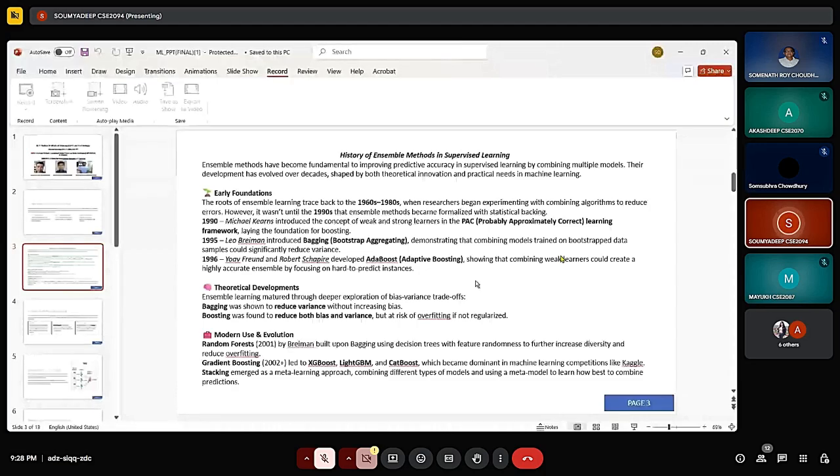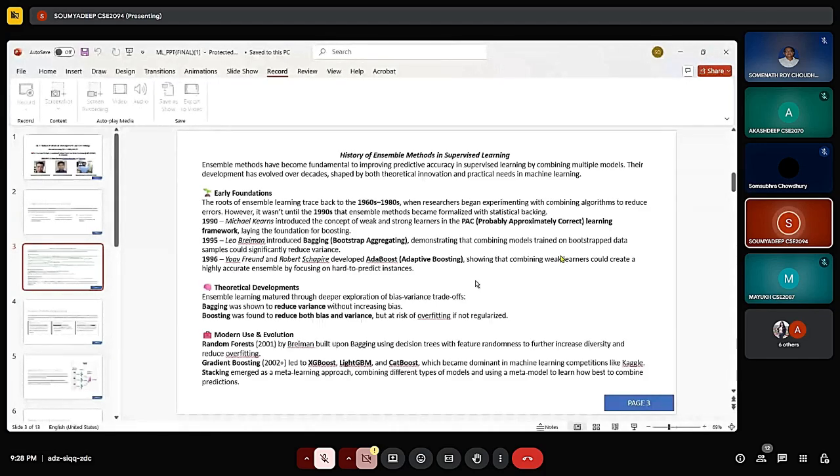In 1995, Leo Breiman introduced bagging, bootstrap aggregating, demonstrating that combining models trained on bootstrap data samples could significantly reduce variance. In 1996, Freund and Schapire developed AdaBoost, showing that combining weak learners could create a highly accurate ensemble by focusing on hard-to-predict instances.